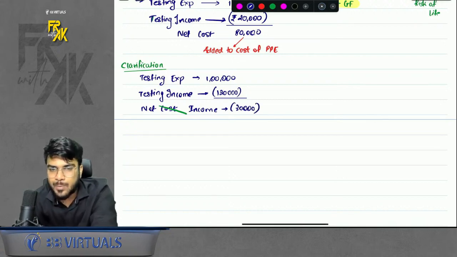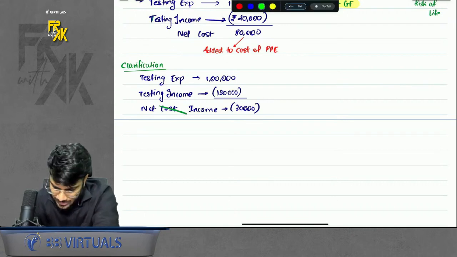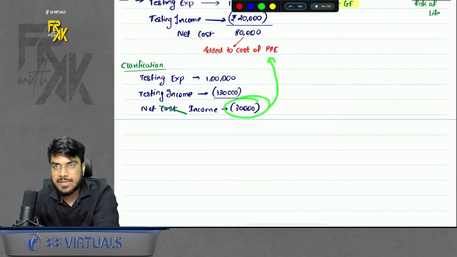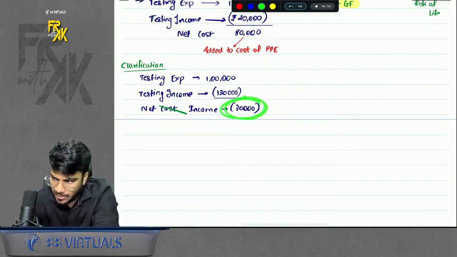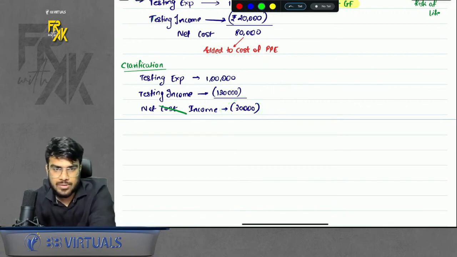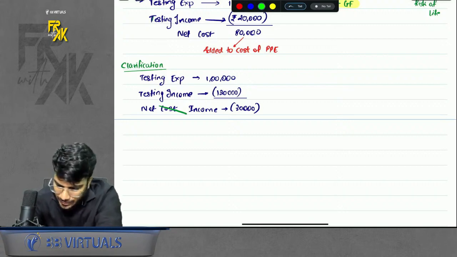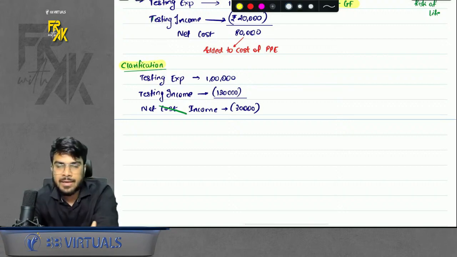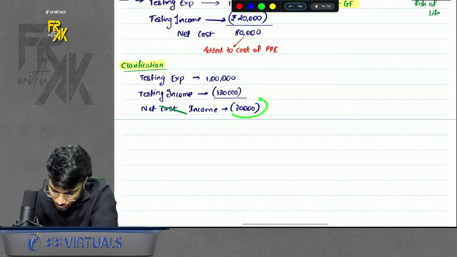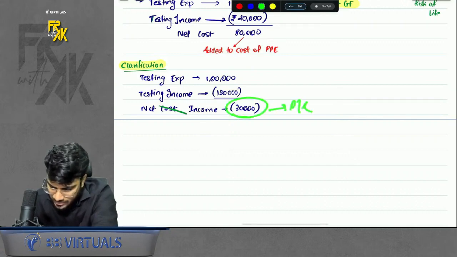Now what is to be done with this net 30,000 income? Will we adjust it against the cost of the asset, or will we transfer this 30,000 to profit and loss? That is the clarification which was introduced under this IND AS. Whether this will be transferred to profit and loss, or adjusted against the cost of the asset.